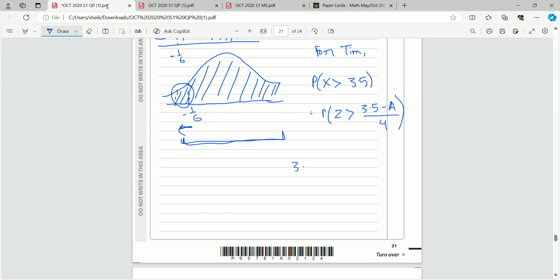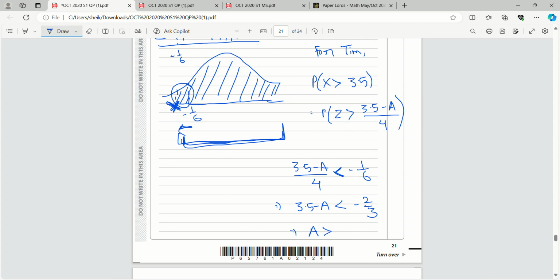Okay, so this thing, (3.5 minus A) over 4 must be smaller than minus 1 over 6, so that it sets somewhere before minus 1 over 6 and allows Tim more probability. Okay, so if you simplify this, that's 3.5 minus A less than, I need my calculator, minus 1 over 6 times 4, it's minus 2 over 3.